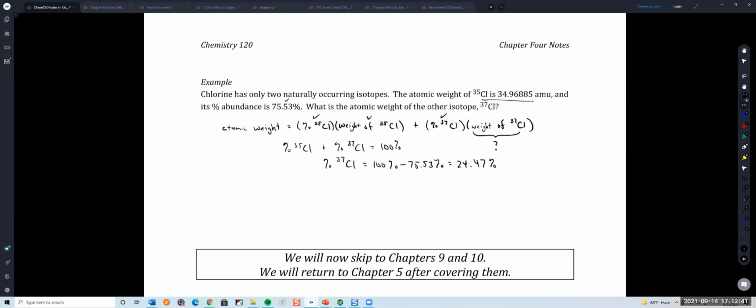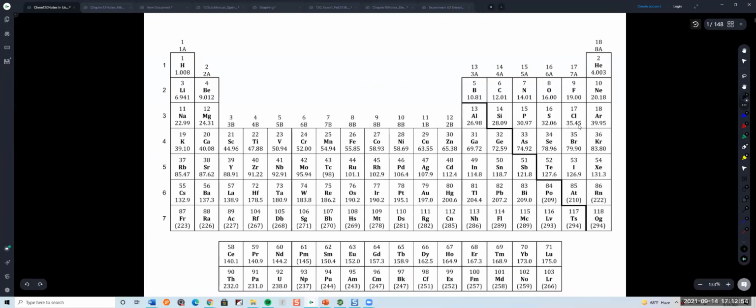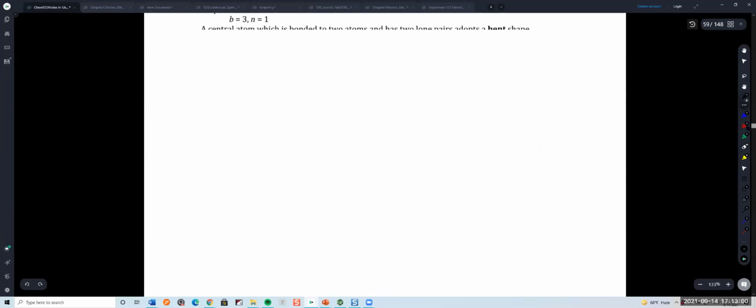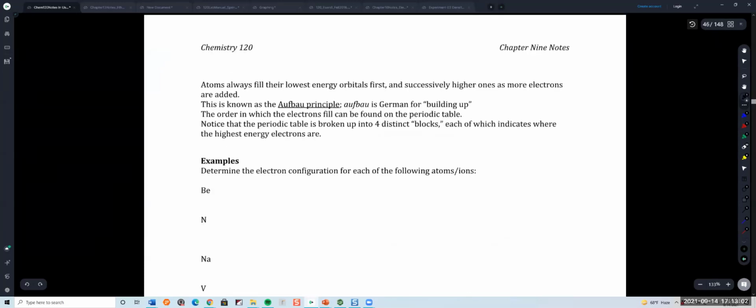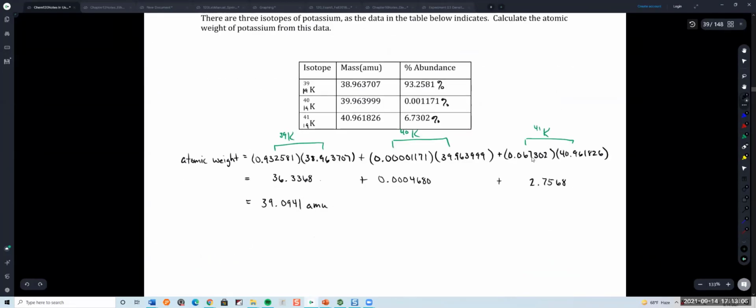We also need the atomic weight of chlorine, the average one. And so given no other information, what we'd have to do is use this number right here, 35.45. Now that's going to limit us on significant digits rather substantially, but that'll be okay for this problem.